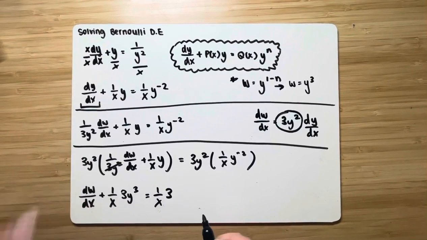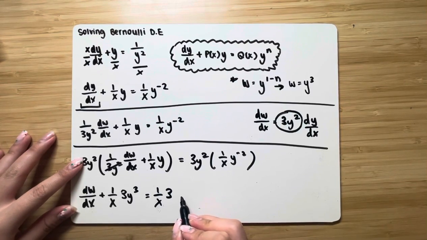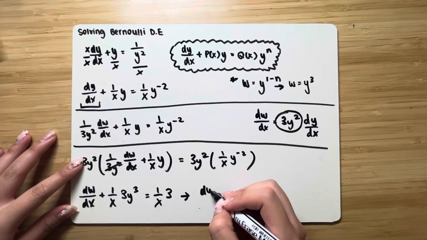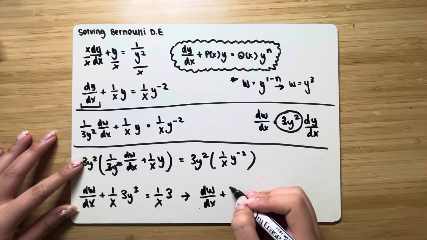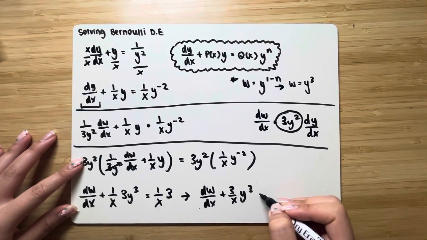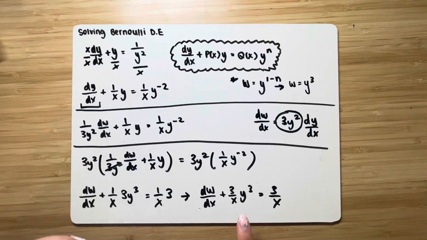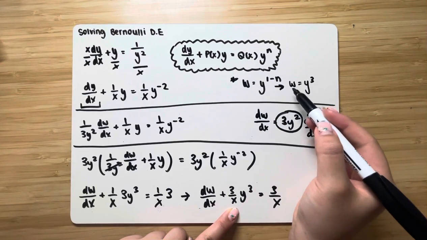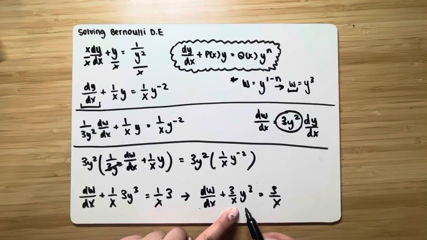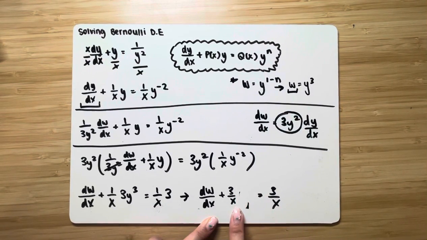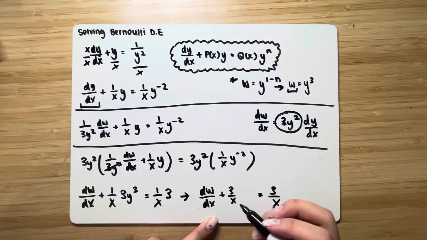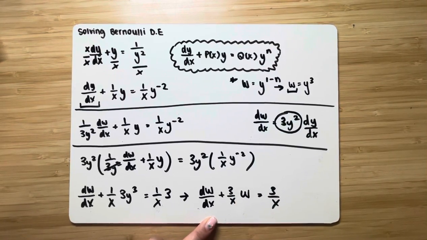So you have that, which you can turn into dw over dx plus 3 over x y cubed equals 3 over x. Now that you have this, you want to substitute the w value, so this will become this because it's the same thing. So it will be like this.